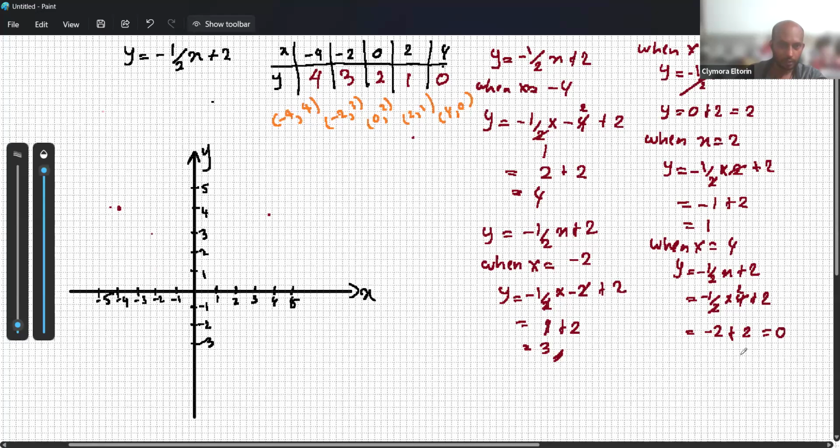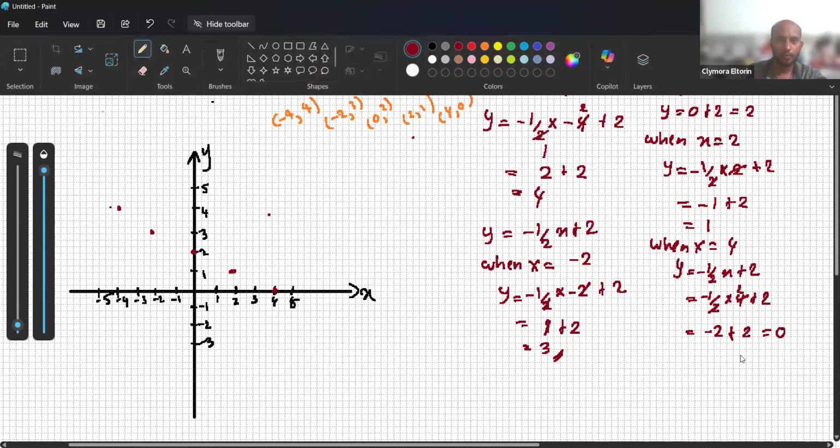Like this. 0 and 2. This one. 2 and 1. 4 and 0 means this one. Let's plot the graph.